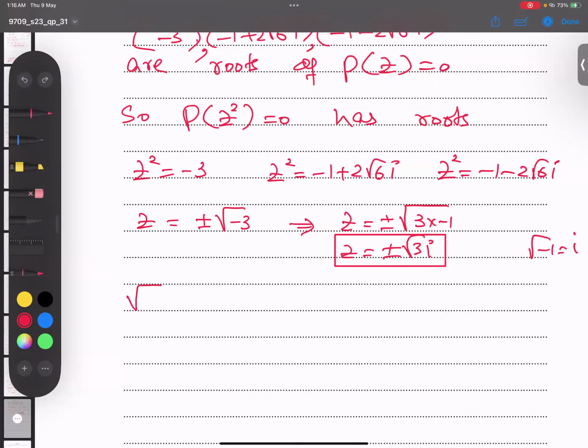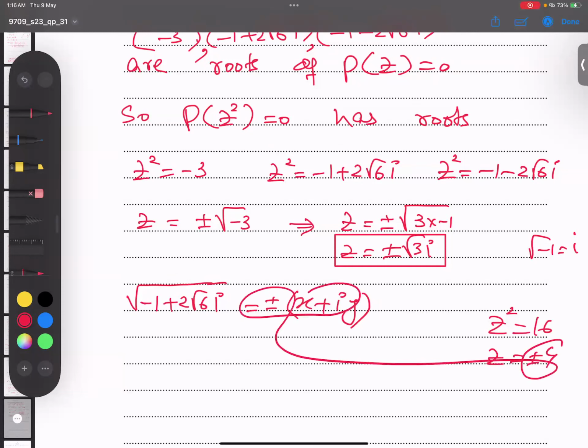It means the root of this equals, let's say, x plus iota y. And the root of this will be plus and minus, because whenever I take a root, for example, Z squared equal to 16, what is the root? Z becomes plus and minus 4. That is why I wrote plus and minus. Here I know 4, but here I don't know, so I wrote x plus iota y.